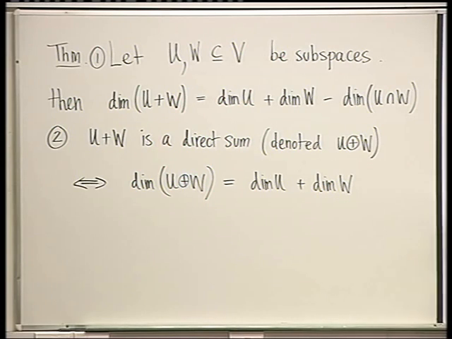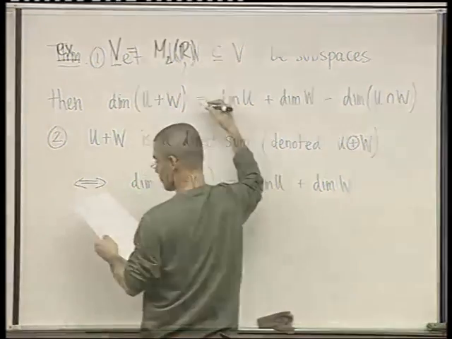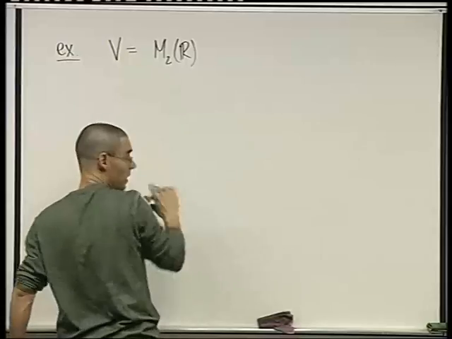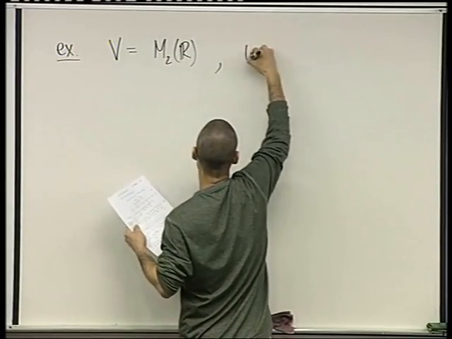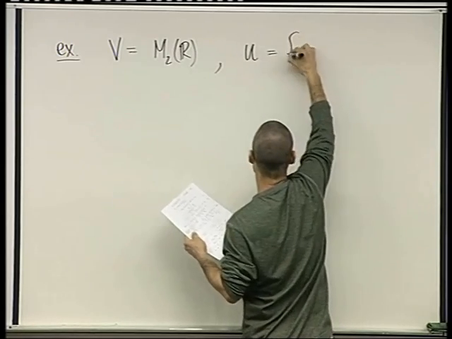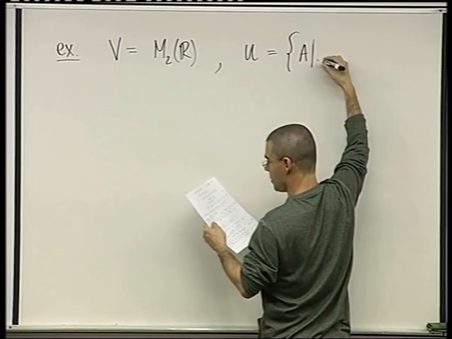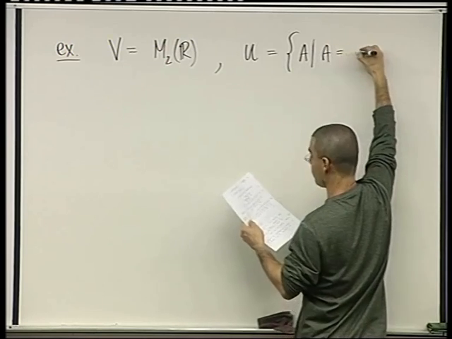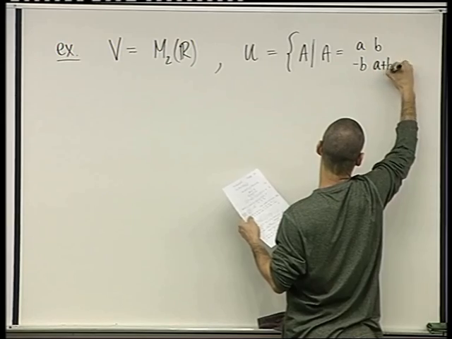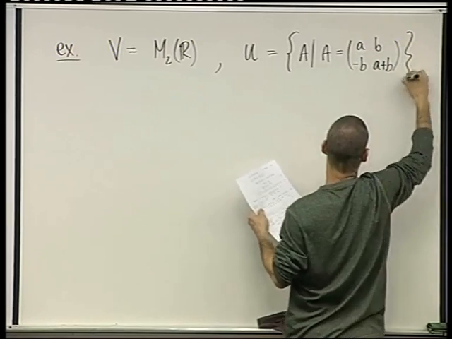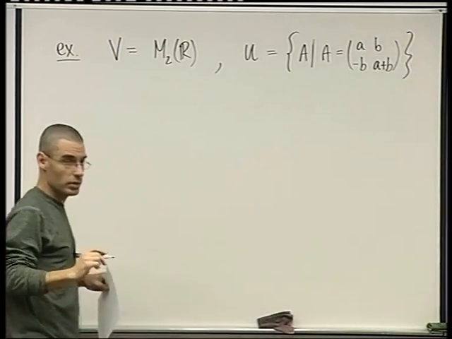Let's take V again to be 2 by 2 matrices over R. And let's take two subspaces. So U is going to be the subspace that we had before. All the matrices of the form A, B, minus B, A plus B. So this is an example we considered earlier.